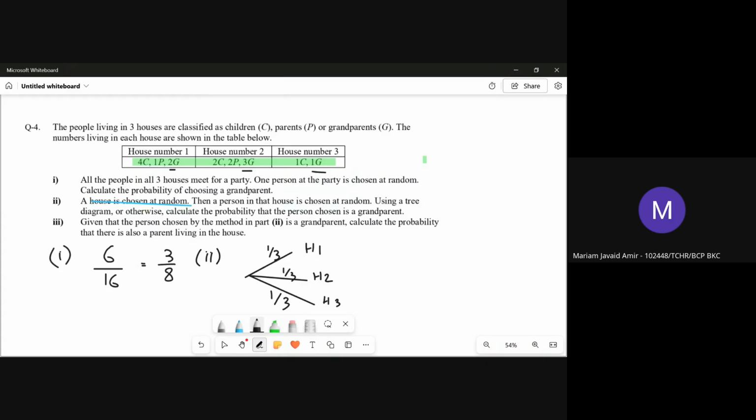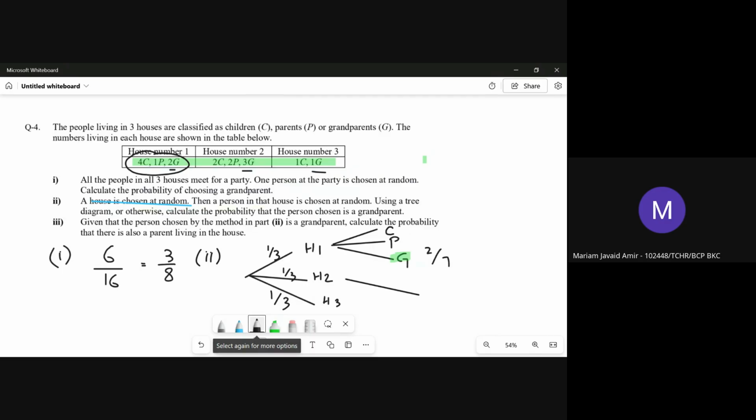So in house one, you could choose a child, a parent, or a grandparent. The probability of choosing a grandparent would be 2 upon how many people we have in house number 1: 7. So 2 over 7.